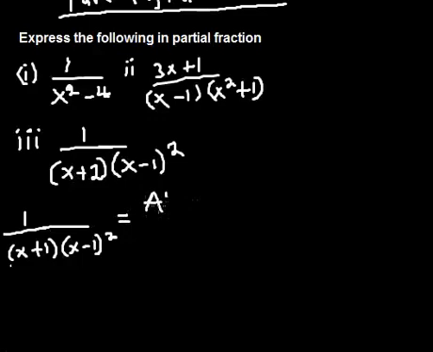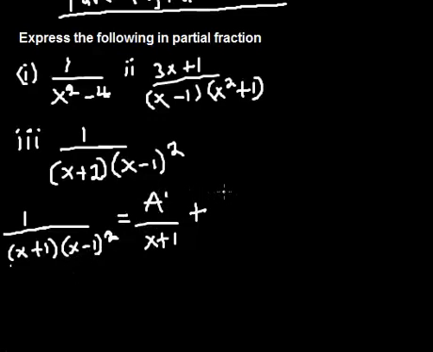First of all, I'm going to have a all over x plus 1. Then remember what I told you about a bracket, an expression in a bracket that is raised to a power. If I want to do this, I arrange the fractions in increasing order of their power, starting from the bracket raised to the power of 1, if you can still remember.